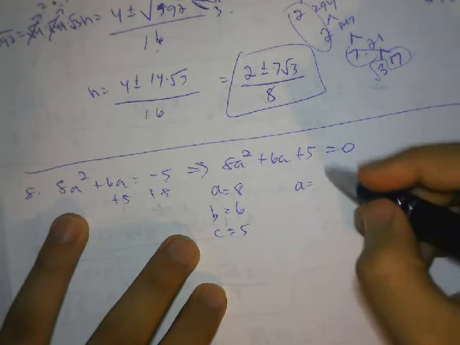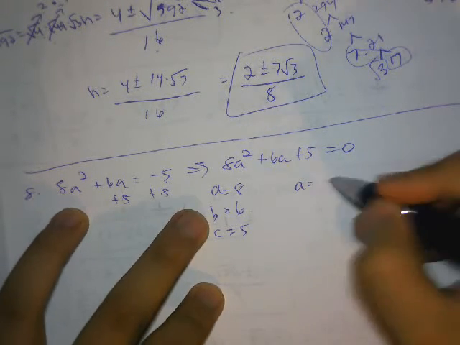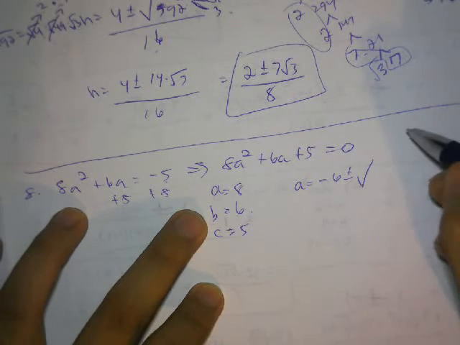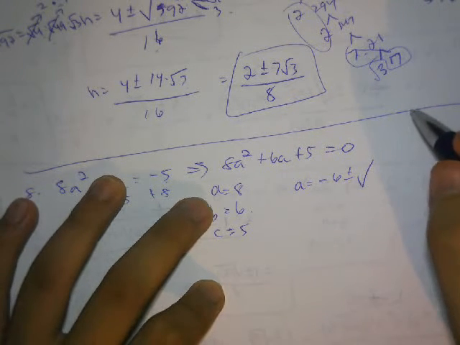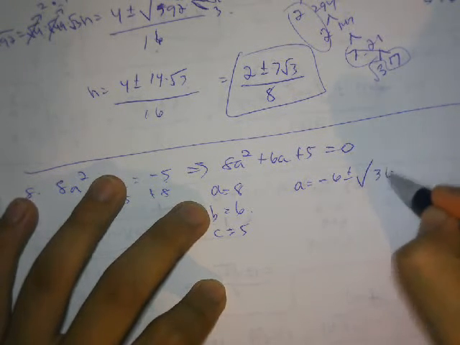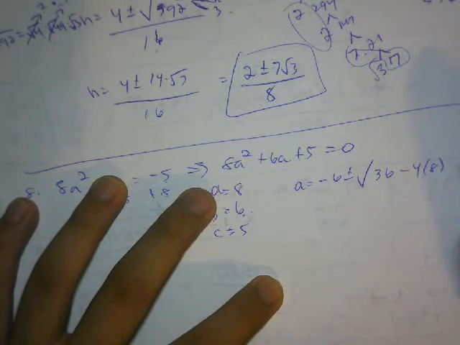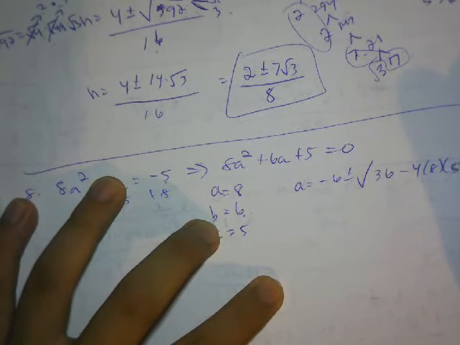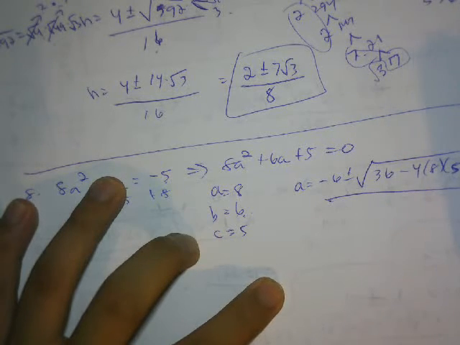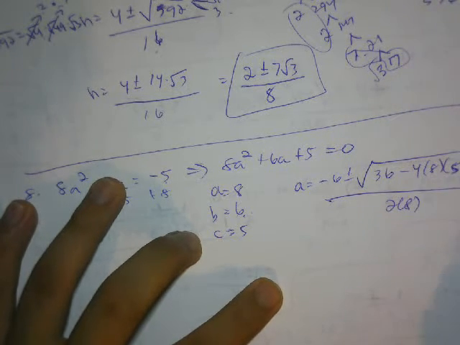A is equal to the negative b, so negative 6 plus or minus the square root of b squared, so that's 6 and 6, 36, minus 4 times a times c, all over 2a.